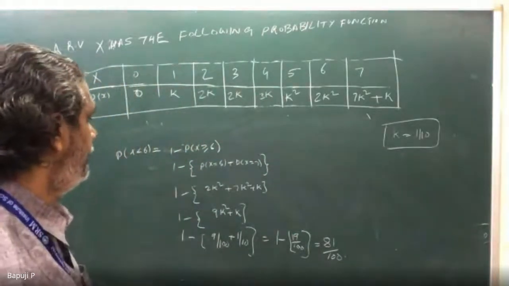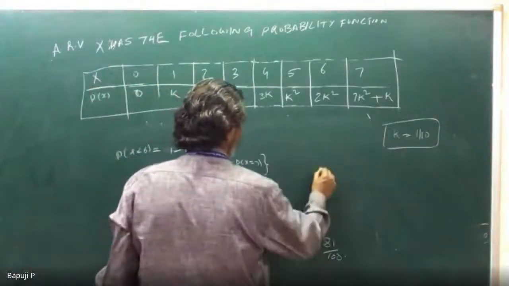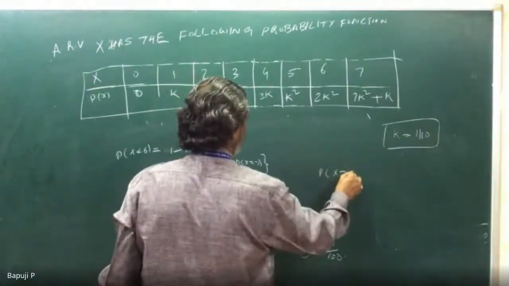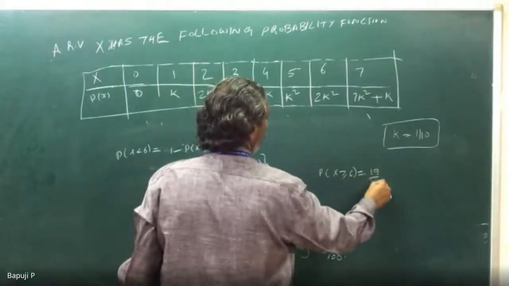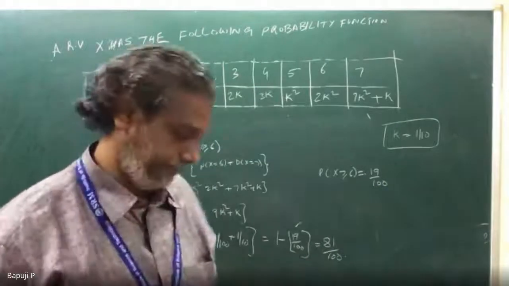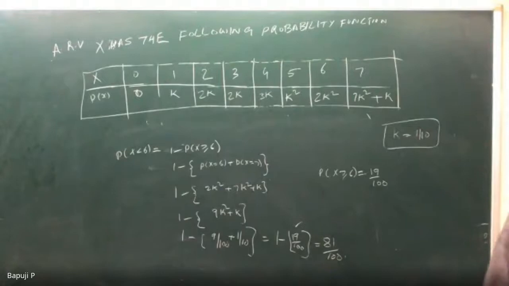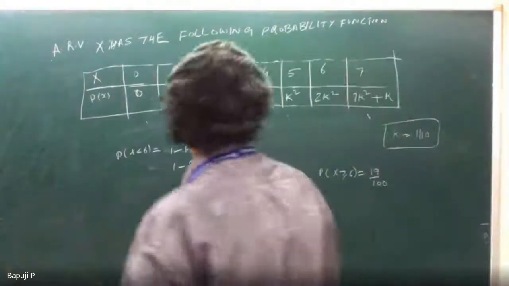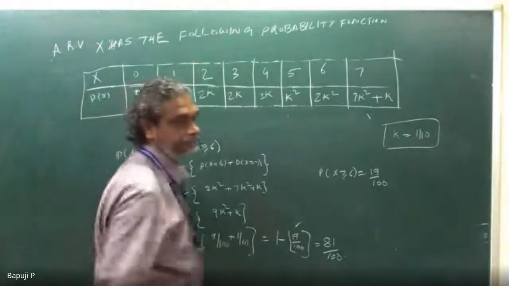Then the second part is also done. Is it complete or not? Over. Probability x less than 6 is this, and I already got this value for x greater than 6. This value I am writing.